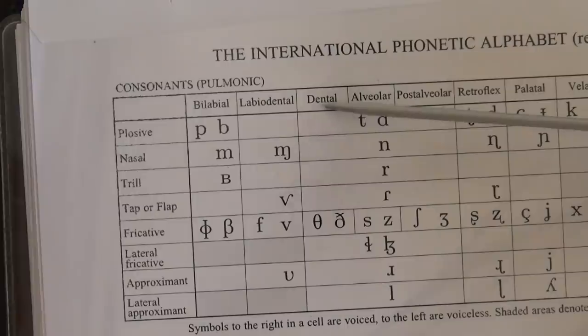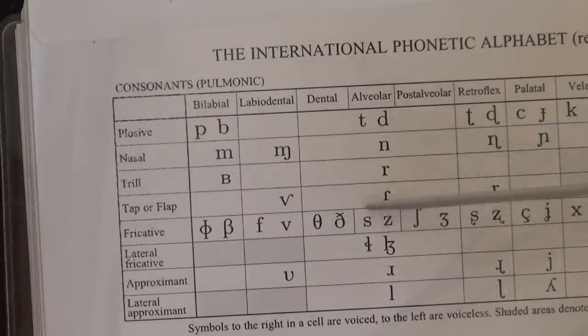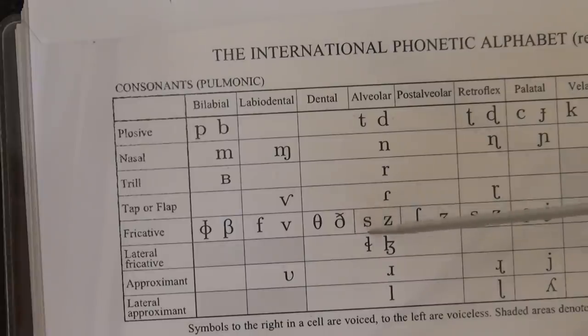When you're touching the teeth, the back of the front teeth with the tip of your tongue, that's dental, and alveolar, then you touch the front, or the ridge between the hard palate and the front teeth, with the tip of your tongue. And then it's s and z if it's voiced. And it's a fricative. It means you have a stream of continuous airflow.